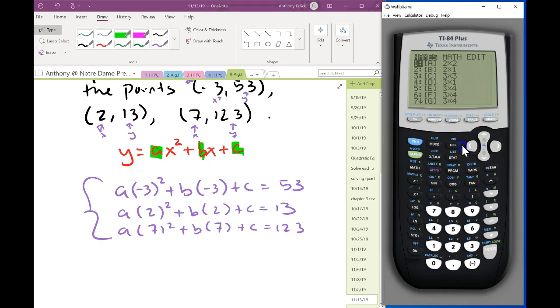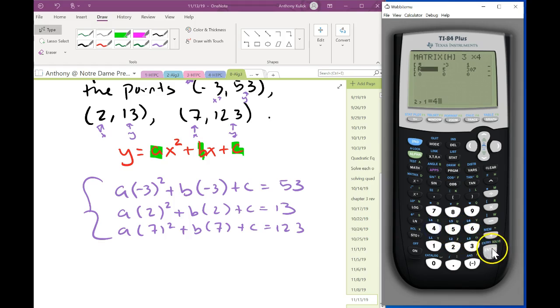So I'll go ahead and type this into my matrix. So I need a 3 by 4. What's the first coefficient going to be? -3 squared is 9. And my next coefficient would be -3. And then my third coefficient would be 1. And my last value is 53.